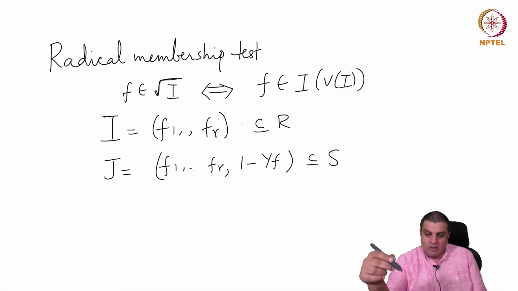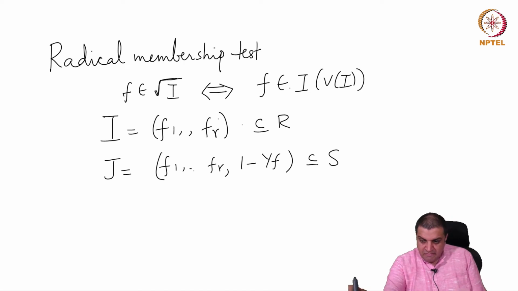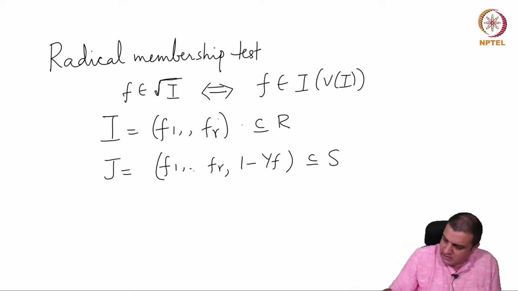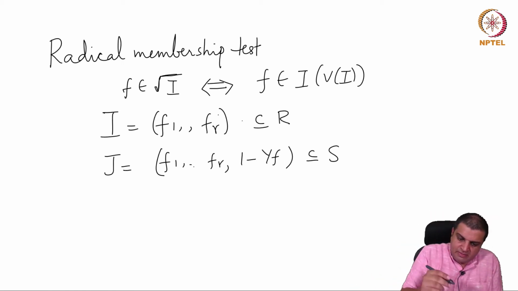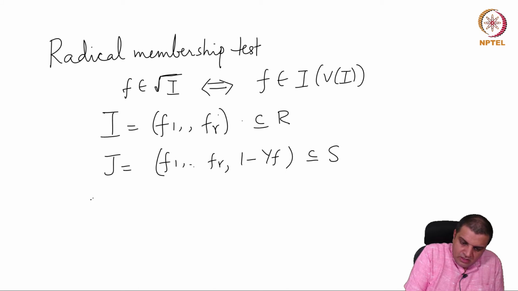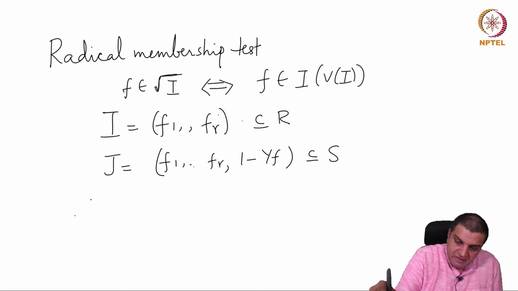Now if f belongs to the radical, equivalently J would be the unit ideal. If f does not vanish at some point where the fi's vanish, then this has a solution. So let me write down what I just said. If f vanishes everywhere where the fi's vanish, then f is in the radical.